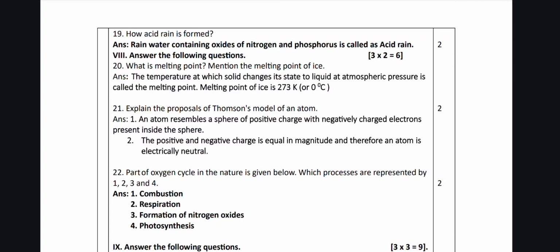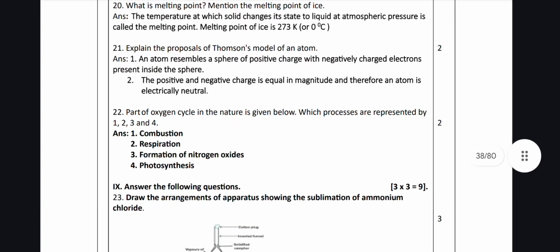The positive and negative charges are equal in magnitude. However many positive charges there are, that many negative charges are also present. And therefore an atom is electrically neutral. When you have both positive and negative charge in the same number, it is called an electrically neutral atom.